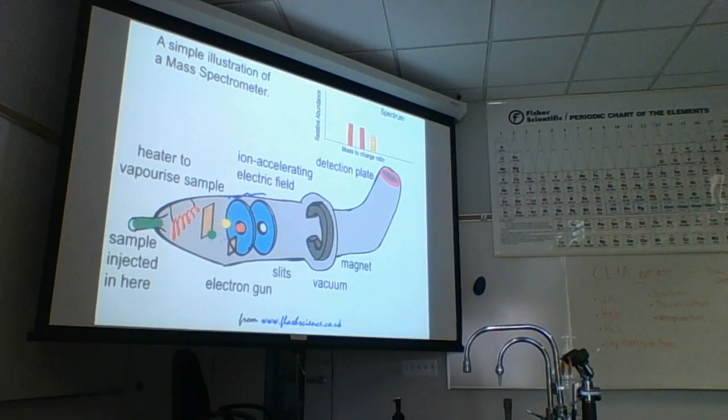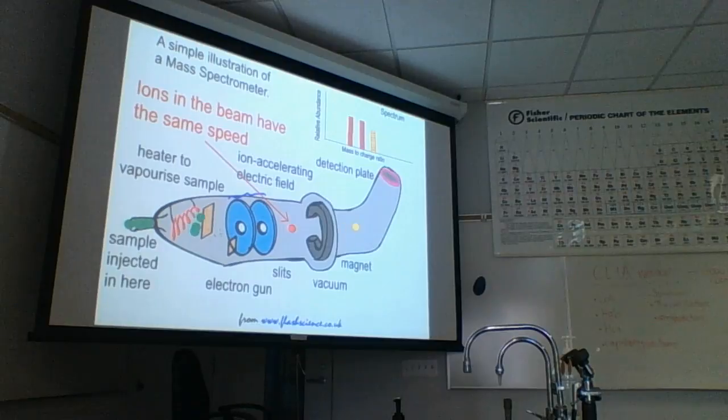Adjacent to this field is a positive plate. And the moment positive ions are produced, the positive plate will repel them from left to right towards these blue spheres, which represent plates with slits in them. And the role of the slits is to focus the beam.